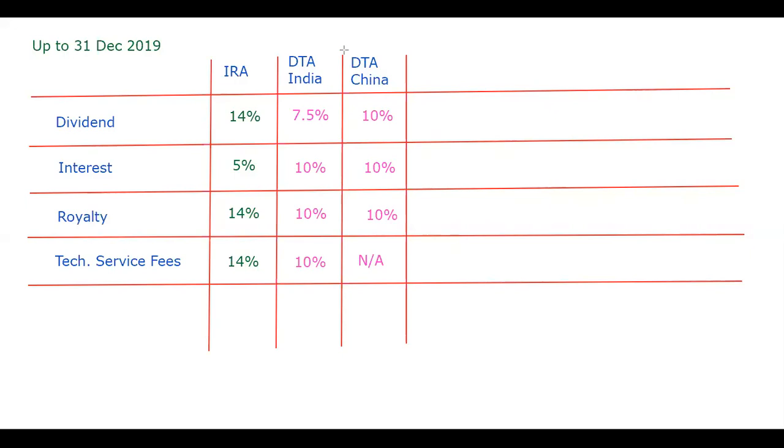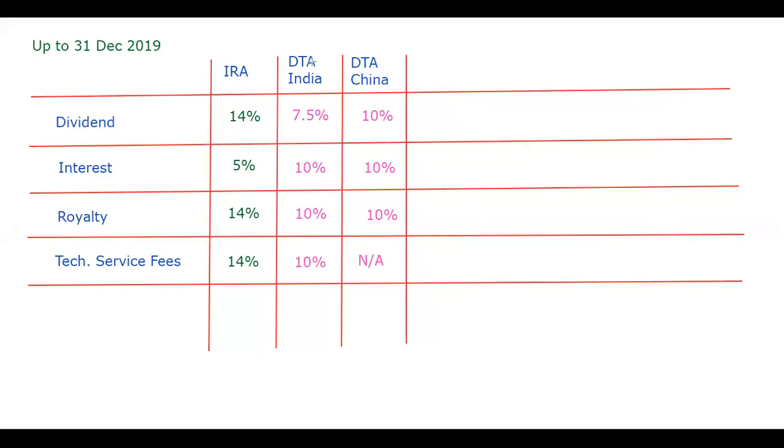Now let me explain the critical decision we are going to take. This is the important part. I will explain in Sinhala as well. Here, the dividend rate under the IRA is 14%.